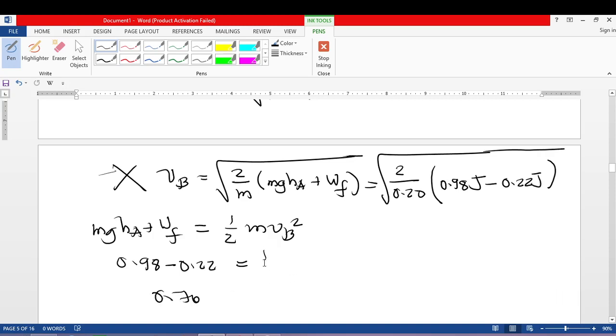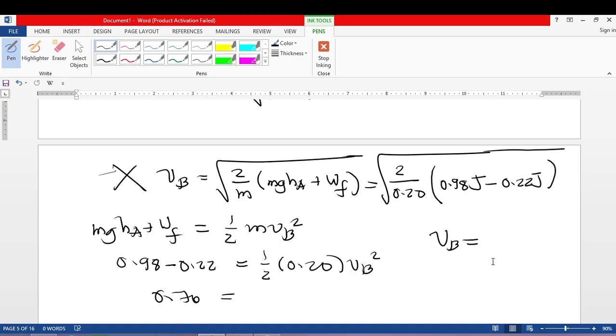Okay, so we have 1/2 0.20 vb squared. So I think it's the same again, right? Yeah, same again. So the vb is actually equal to, so sorry about that. Since there is friction, it is relatable. This is 2.75.